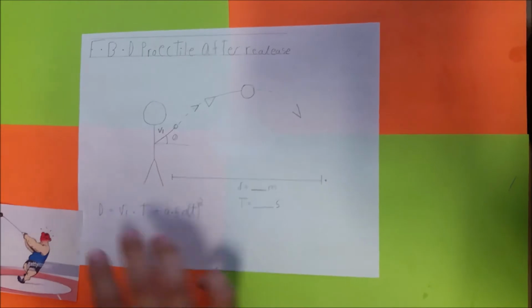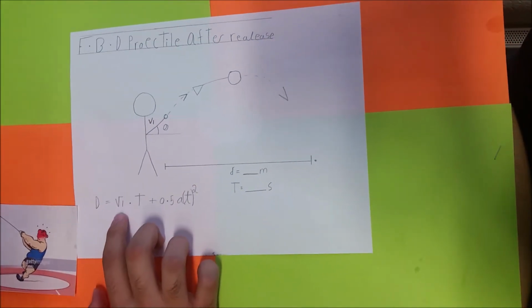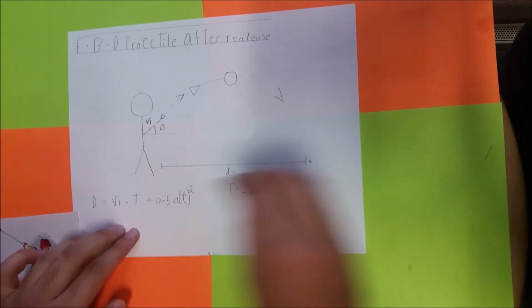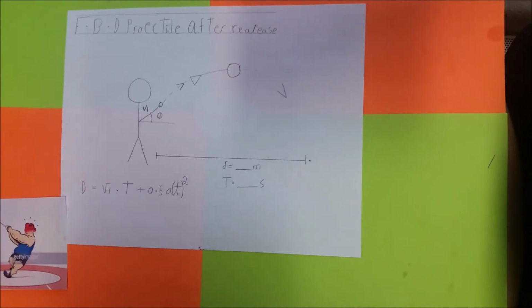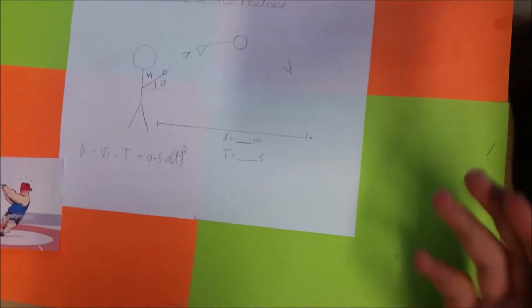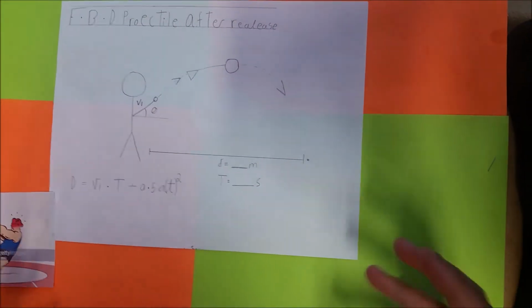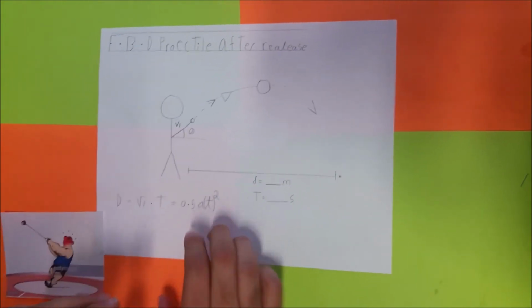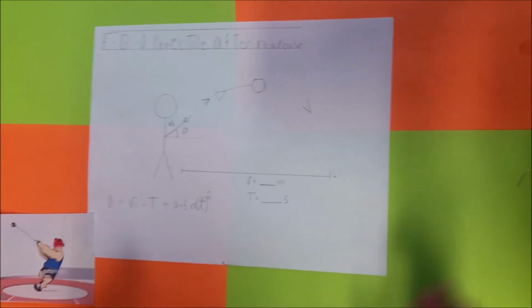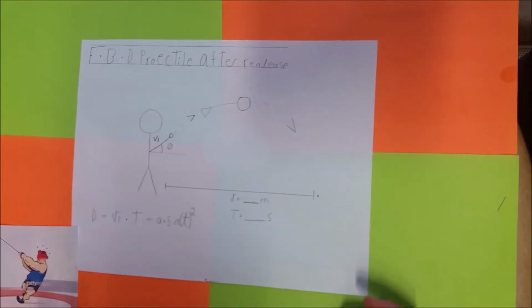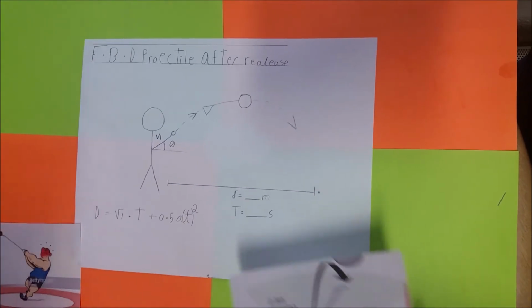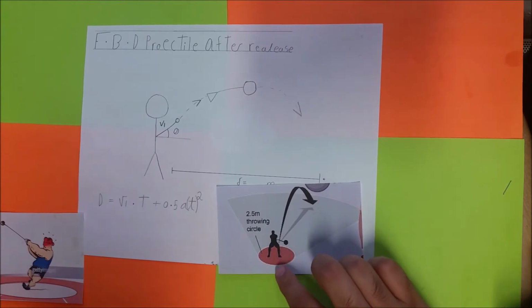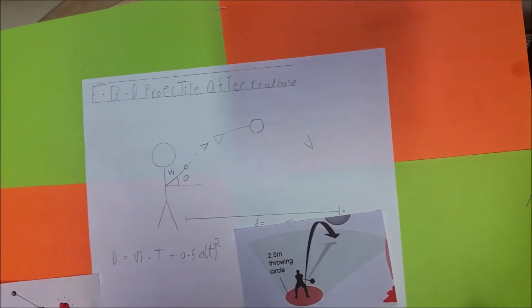We can say that because of this equation, because of the initial velocity and the time it takes from the beginning to the end, and the longer the distance, the more time it takes, plus half times the acceleration due to gravity, which is always 9.81, and the time again. And this is another point of view when a person is throwing it from the beginning to the end.